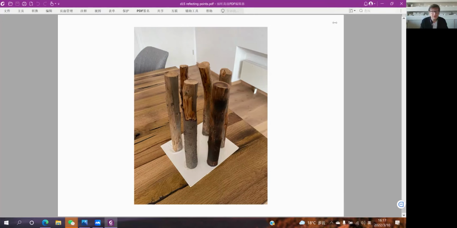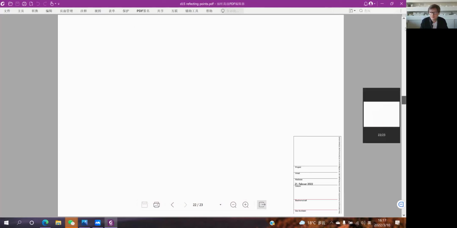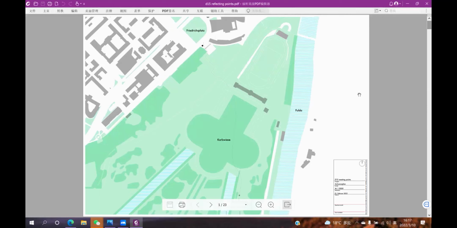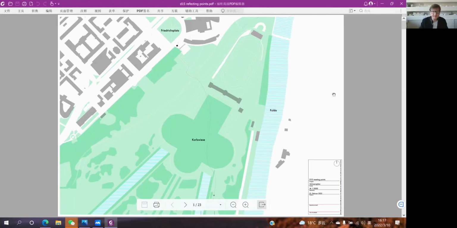Sure. Do you want to go back to the first page, please? Okay. So at the end of the day, it's a huge park with different things. The building that you see next to this cross symbol is called the Orangerie.